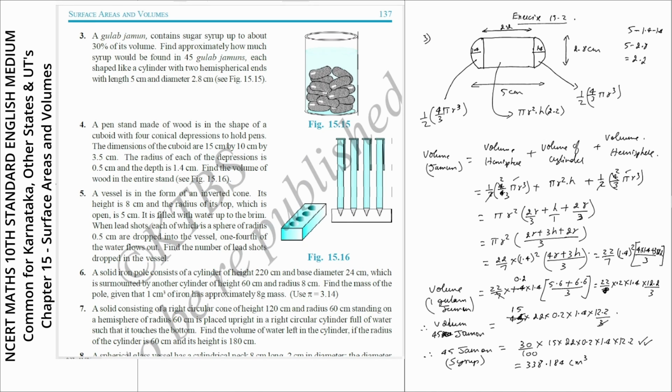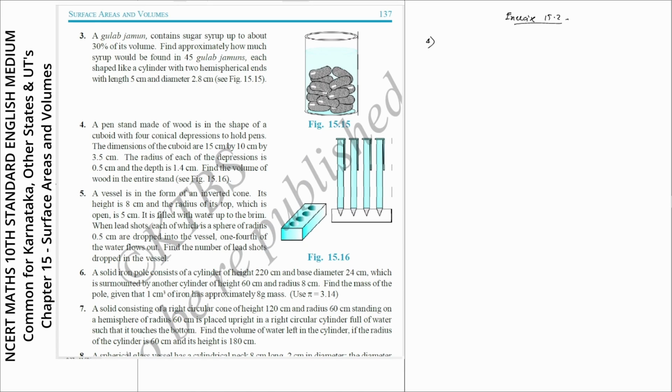So this is approximately equal to 338 centimeter cube. In the textbook the answer is given as 338 centimeter cube. You can leave this also as the answer. It's perfectly right. And that completes this question.